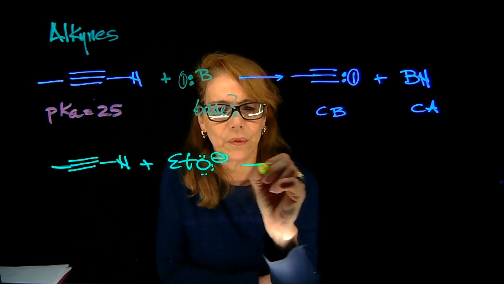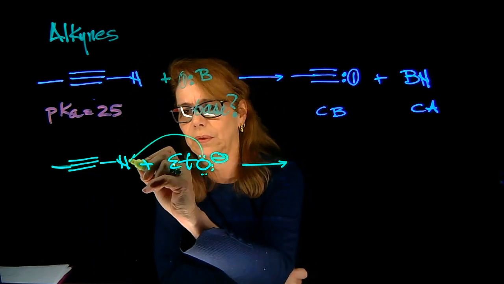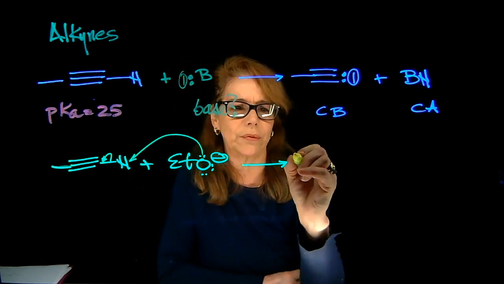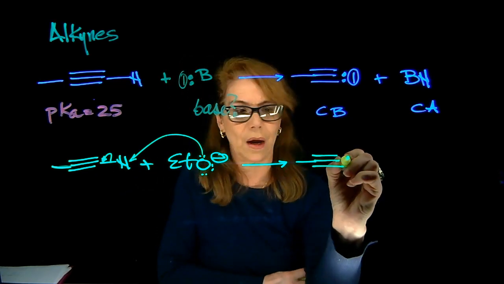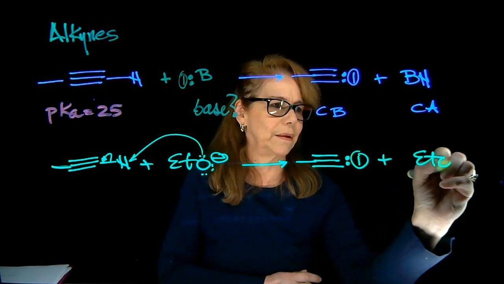When I do that, it's again an acid-base reaction, so let's use little arrows showing the mechanism. Acid-base, so the proton transfer. Here you will have your conjugate base, and your conjugate acid is ethanol.